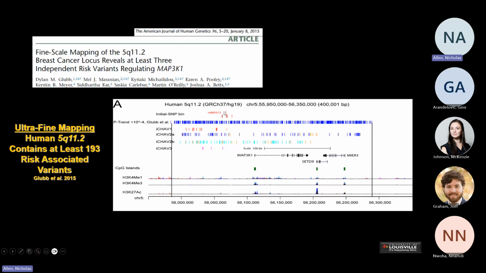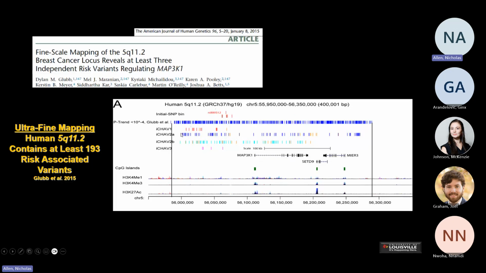For example, here is the variant that tested positive in that association study. And then they went and looked in many, many more human genomes, and they found that there are all these other variants in this haplotype block, in this population. So they had to test all of them for an association with breast cancer.